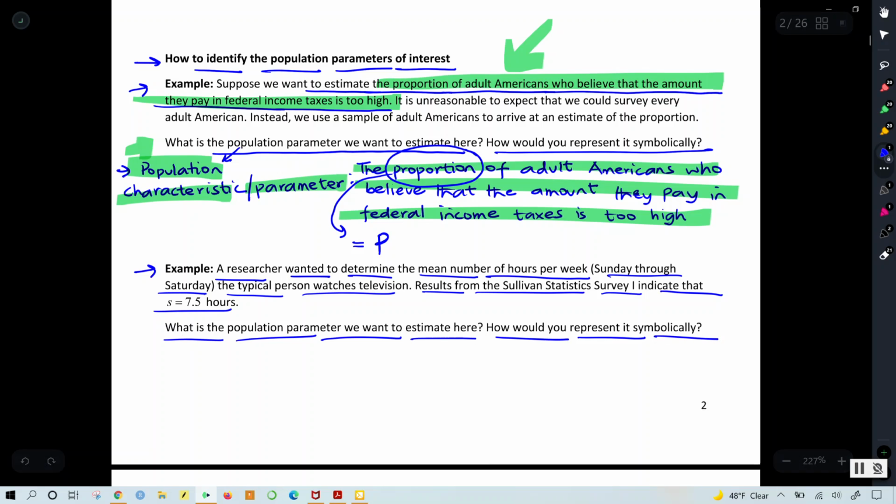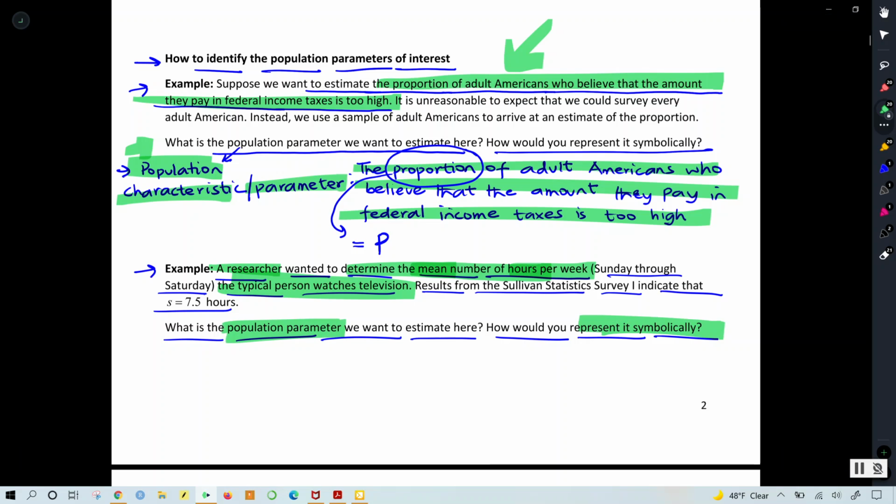Well, it goes without saying that this researcher wants to estimate or determine the mean number of hours per week the typical person spends watching television. That would be the population parameter we want to estimate. And symbolically, you might recall we use mu.